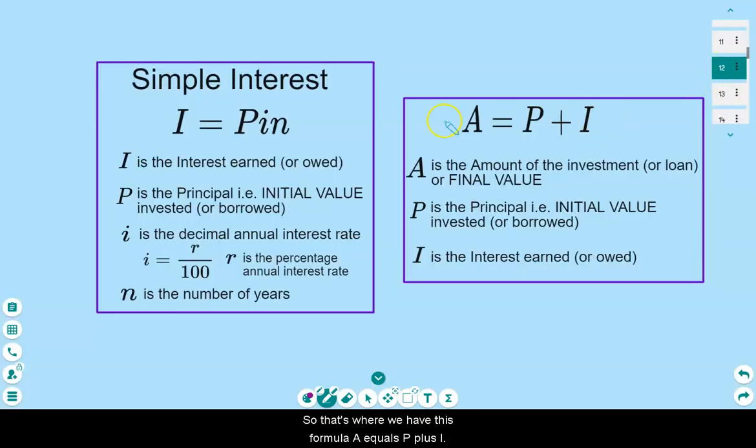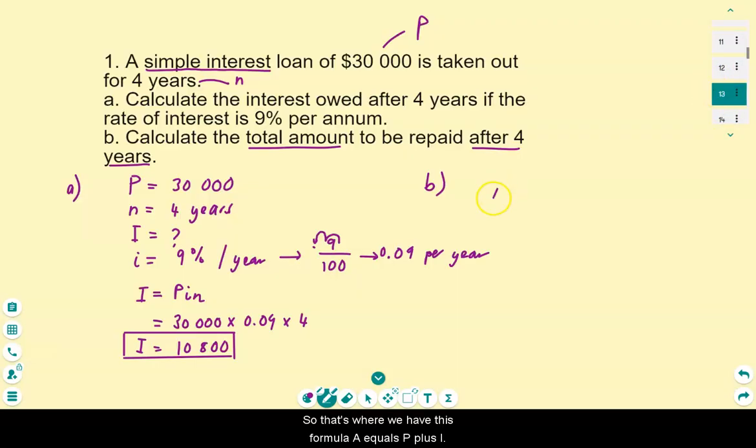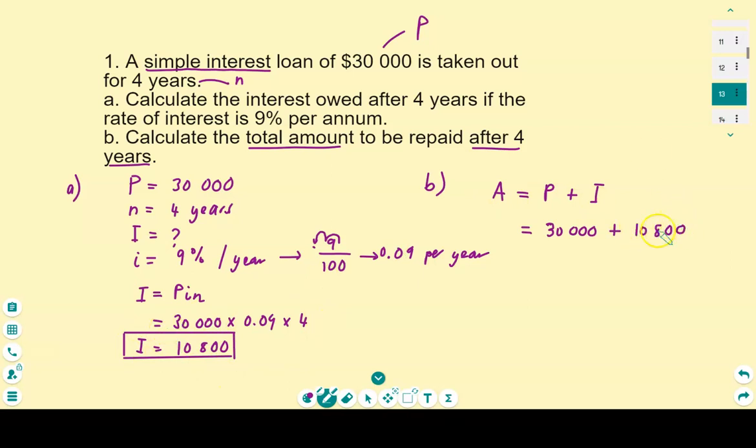So that's where we have this formula, A equals P plus I. And we know that our P was 30,000 from our little data table. And our interest, we've put a nice little box around it, is that. So sometimes they step you through this process. They'll give you part A, which will give you the interest, and then you use that to calculate the answer to part B. But let's put that in our calculator.